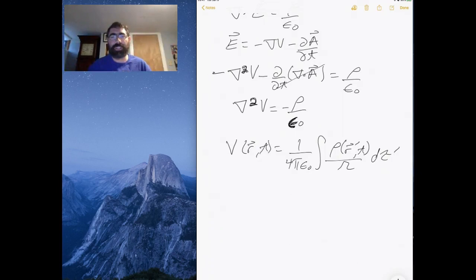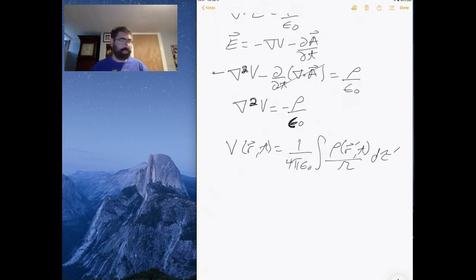We can kind of wave our hands and say I don't have to worry about violating special relativity because I'm not actually going to measure the potential V. Instead, I'm going to measure E, which is the change of potentials. And so in the end, that's going to solve the problem.